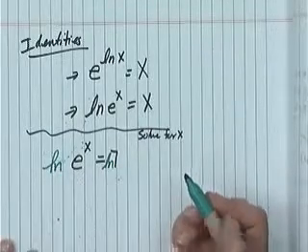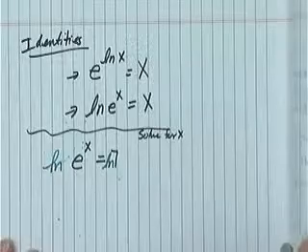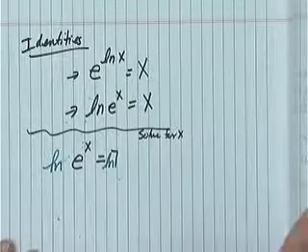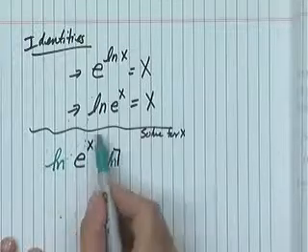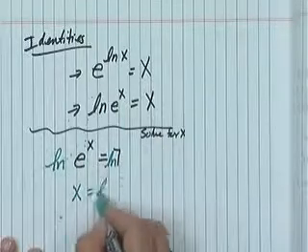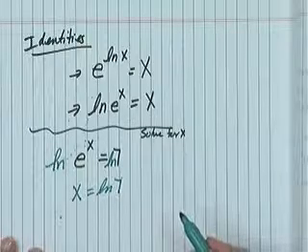Take the natural log of both sides of the equation. Just like you can add something to both sides, you can also take the natural log of both sides. And the natural log of e raised to the x is x, so x is natural log of 7 is your answer.